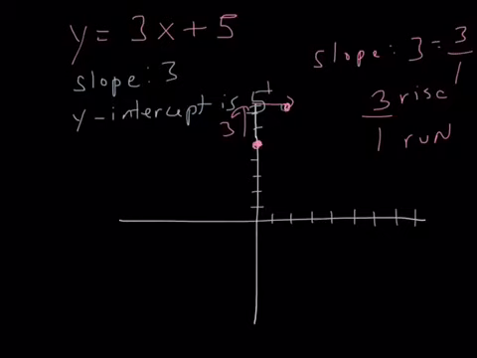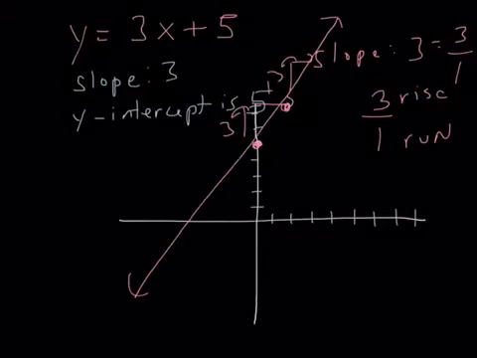And we can continue this up 3 over 1 forever and ever, and graph our line. Now yours will look much nicer on your graph paper, but I've started with the y-intercept and I've counted from that point to my next point using my slope.